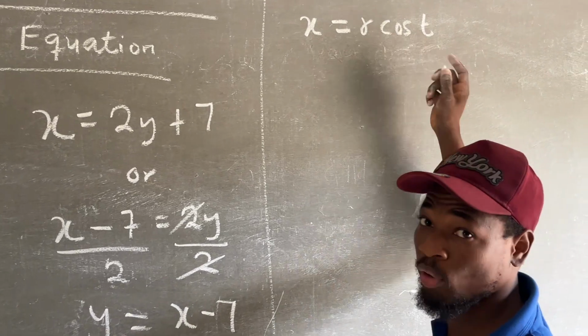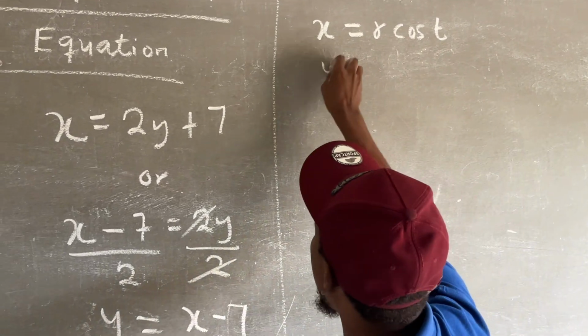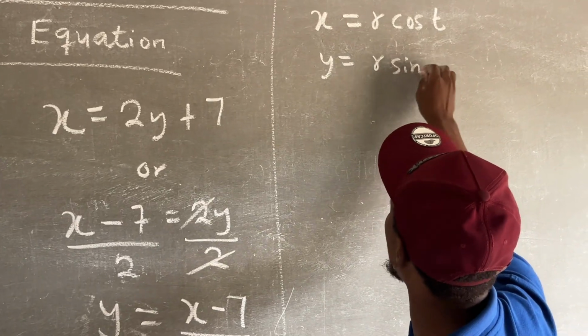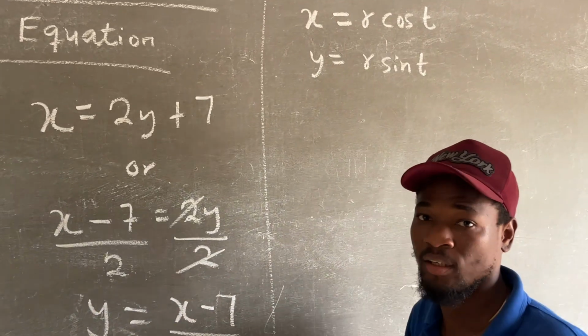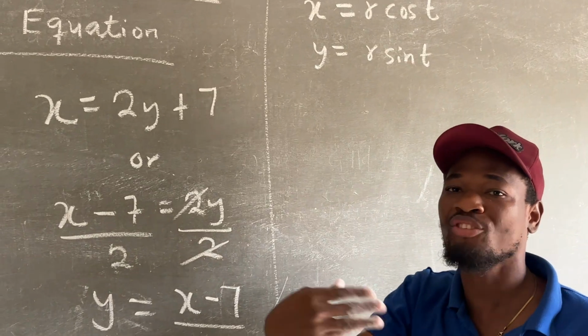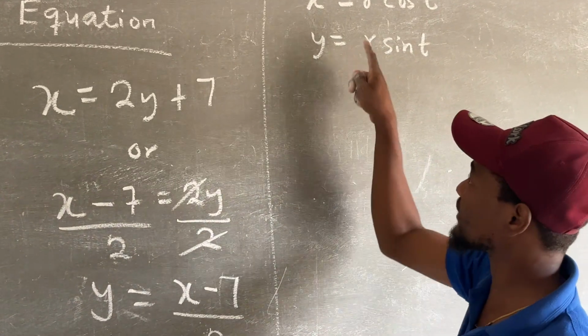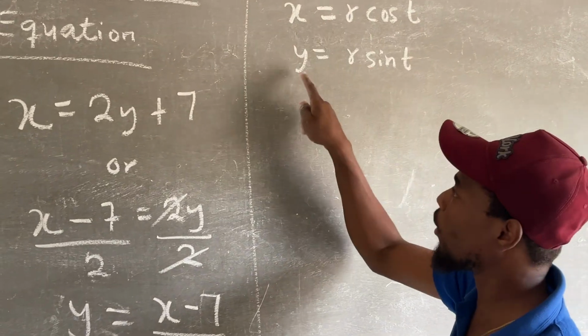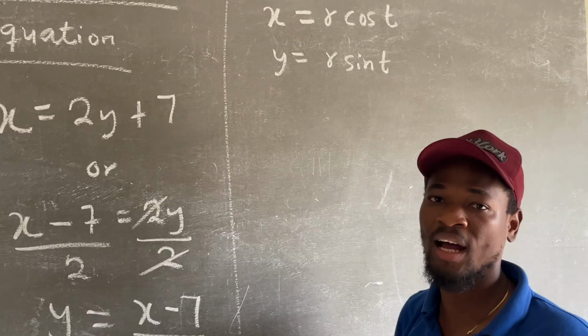You know why I brought the t, right? And y is also equal to r sine t. Remember, I said a circle can be parametrically represented this way: x is a function of t and y is also a function of t, as simple as that.